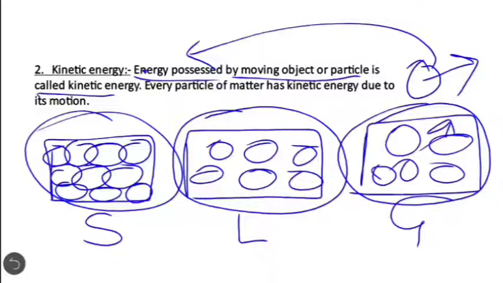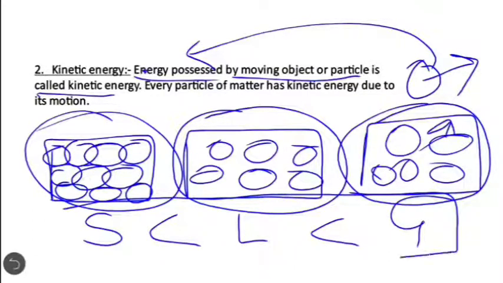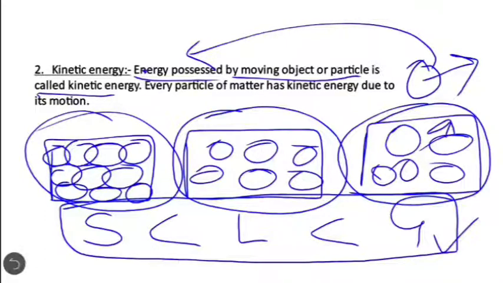So in a solid, kinetic energy is lowest. In a liquid, it is more than solid and lower than gas. In a gas, it is highest. This is the order of kinetic energy. Now the point of kinetic energy is also clear.